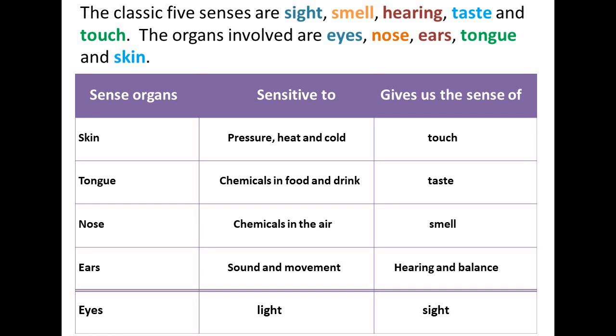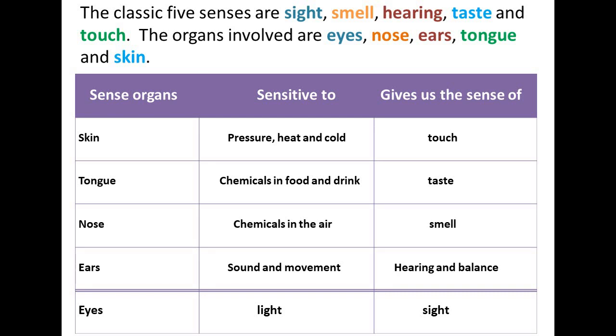And there are a couple of organs which are involved in these senses. So the sense organs are eyes, nose, ears, tongue and skin. Now here we can see a table which contains different sense organs, which are sensitive to certain stimuli and which can also give us certain senses. Number 1 is the skin, which is sensitive to pressure, heat and cold, and it gives us a sense of touch.